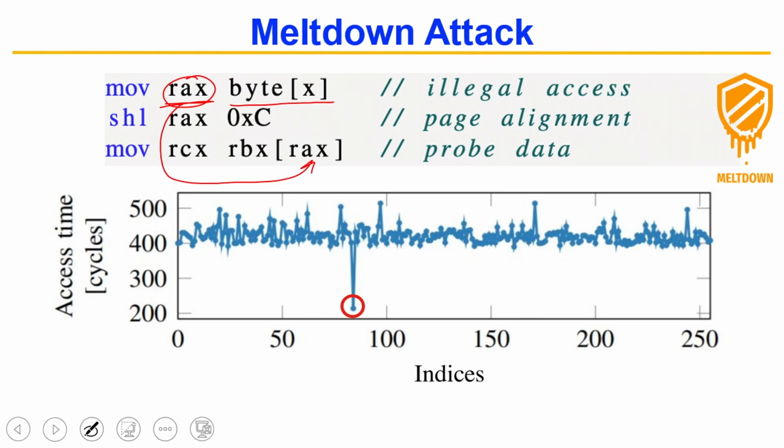The reason that works: for this one you do a cache timing attack, and let us say this location is, let us give it a name, 89. If this location is 89, then the value of this byte x is 89.